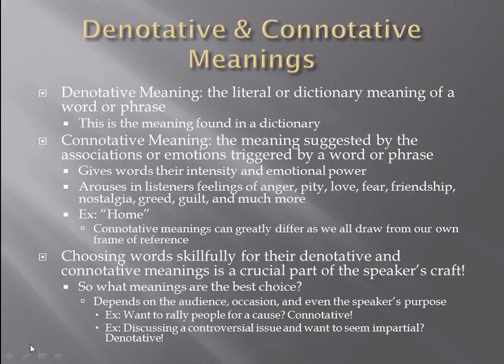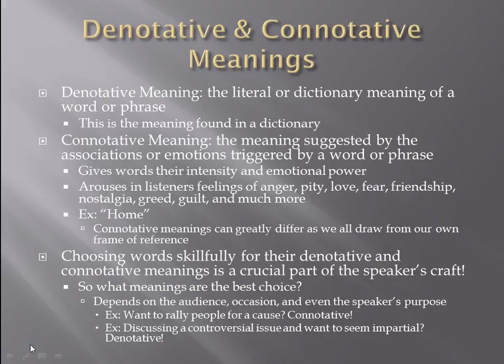All right, so let's talk about the meaning of words. Denotative meanings are the literal meaning of a word or a phrase, and these are often found in the dictionary. So if you decide to look, you're searching for its denotative meaning. Connotative meanings of words are the meanings suggested by the associations or emotions triggered by a word or a phrase.